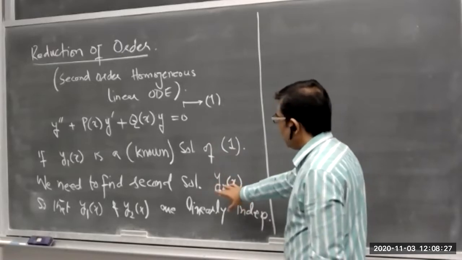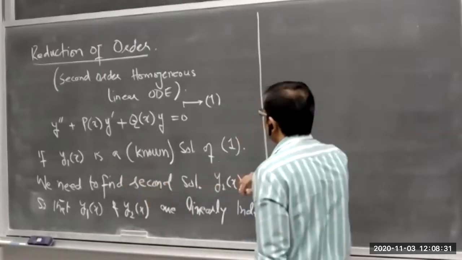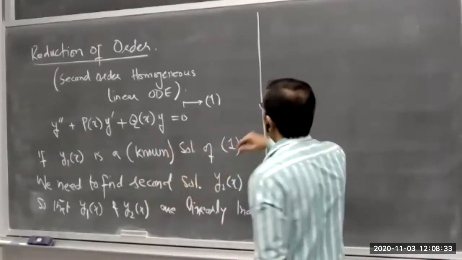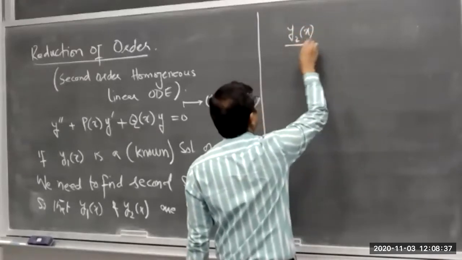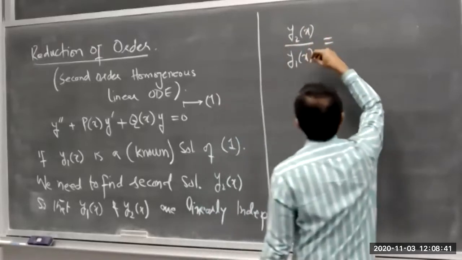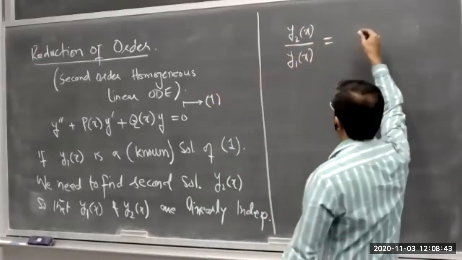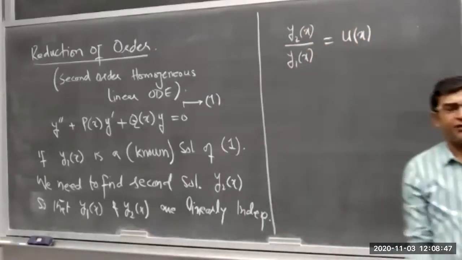First of all, we seek y2 while y1 is given or known, and these two are linearly independent solutions. If they are linearly independent, then their quotient is not a constant. We assume that their quotient is some function u of x.